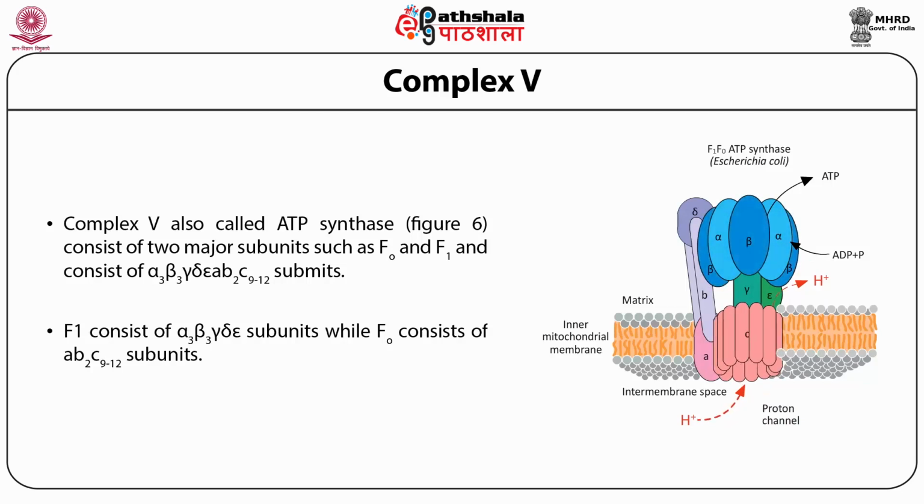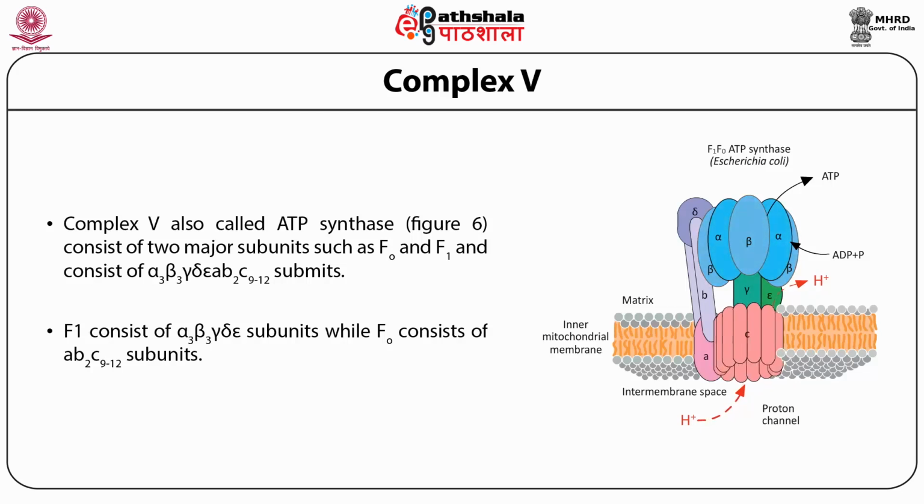You can see this structure where you can locate the presence of the A subunit, B subunit, C subunit of FO and the remaining alpha, beta, gamma, delta, epsilon of F1. You can see that the C subunit and A subunit are membrane bound subunits, and the A subunit links to the B subunit, and the B subunit is linked with the delta subunit.